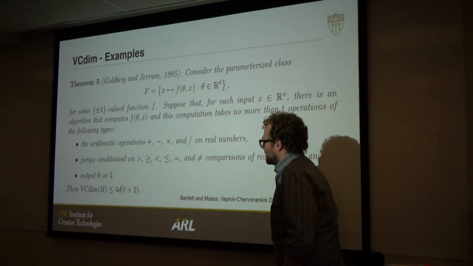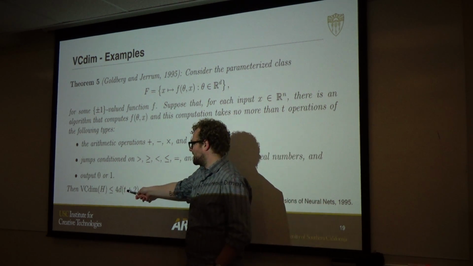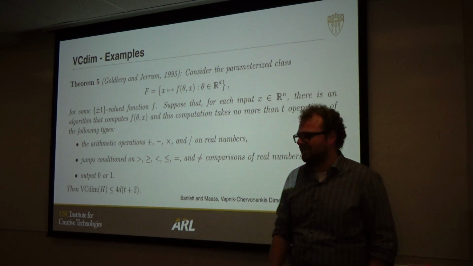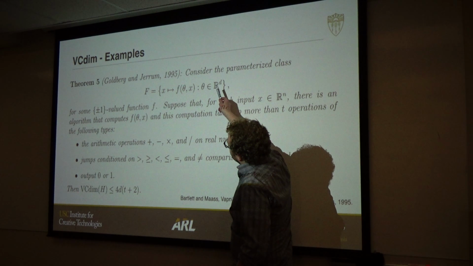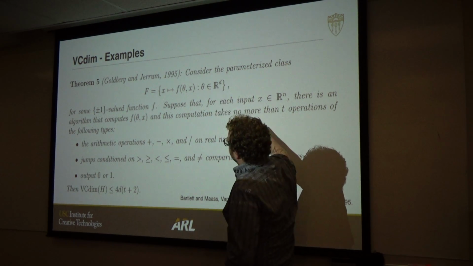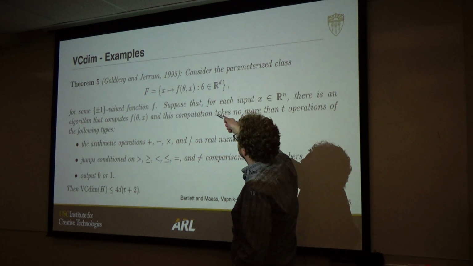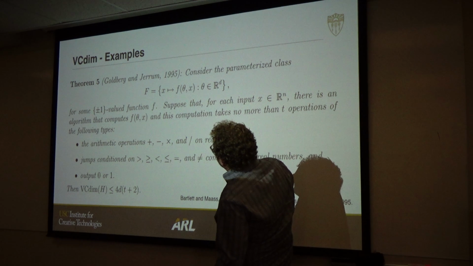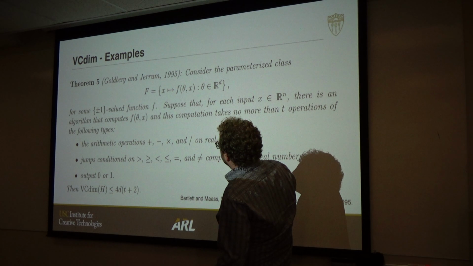Now, the VC dimension then is less or equal to 4d times t plus 2. So d is the dimension of computations that I can make, like how many operations I can make, and t is, what is t actually? It's no more than t operations.